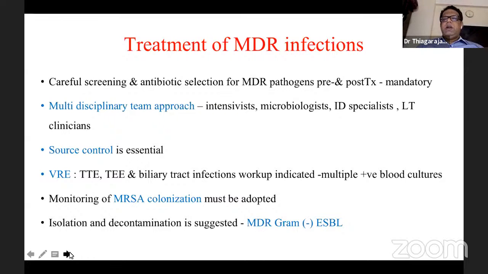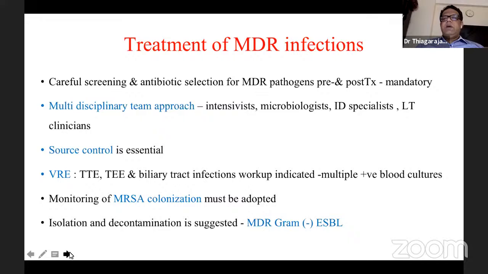The most important and the difficult part in liver transplant patients is multi-drug resistant pathogens. We should involve the intensivists, microbiologists, all the physicians and transplant surgeons to form a combined approach. Source control is very essential.